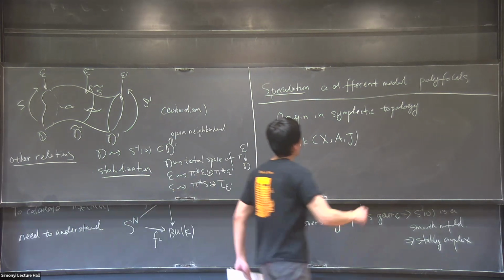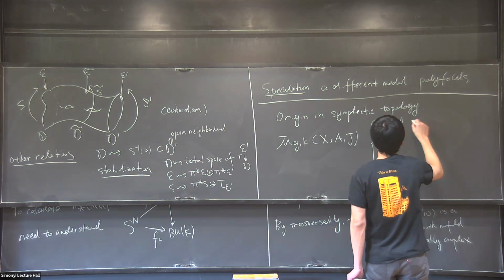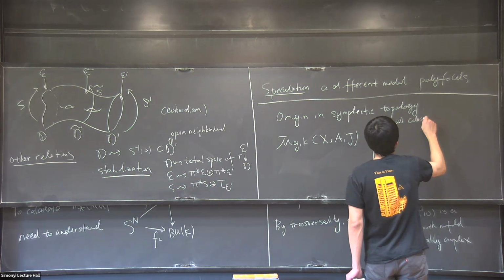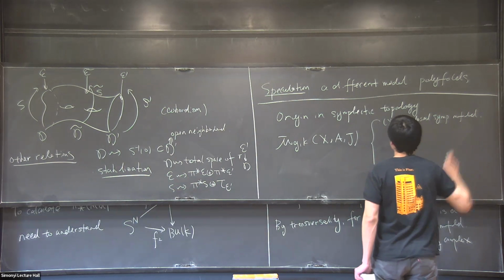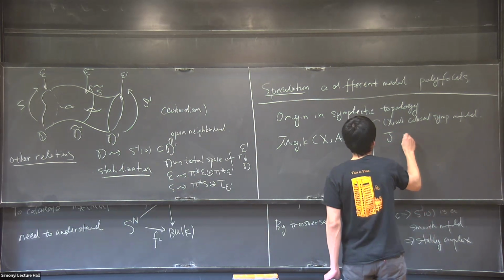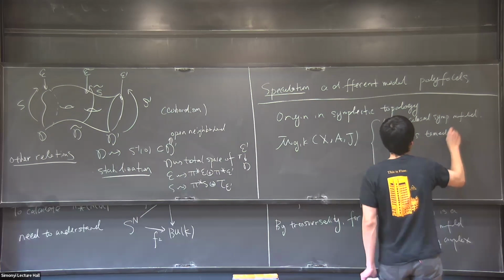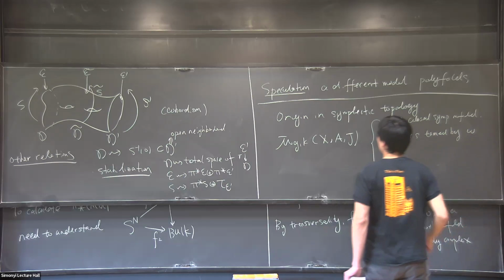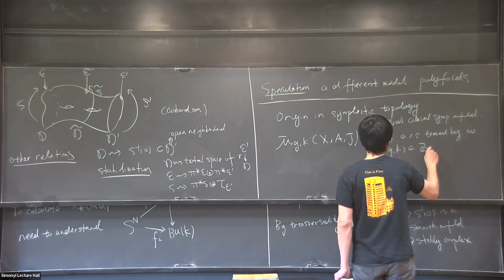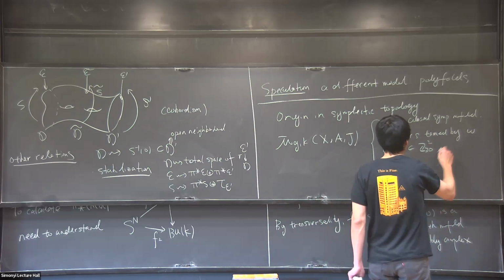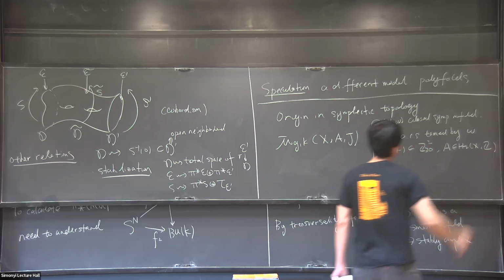Let me recall the definition here. X with omega is, say, a closed symplectic manifold, and J is an almost complex structure tamed by omega. G and K are a pair of non-negative integers, and A is a homology class of the target space.